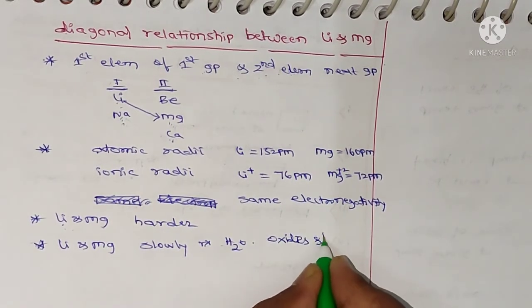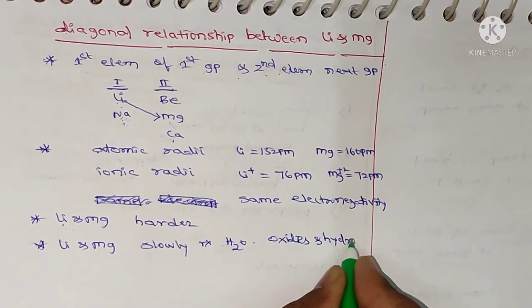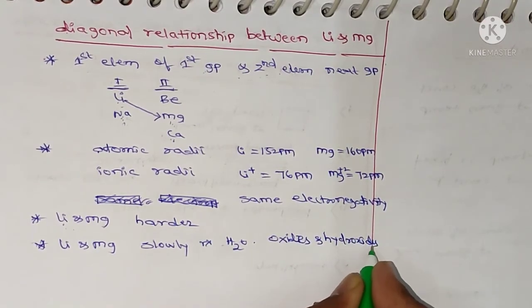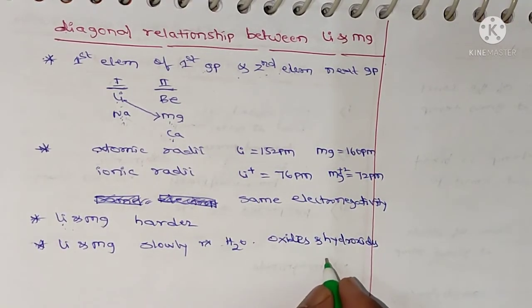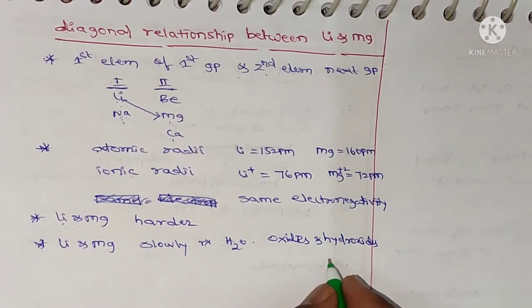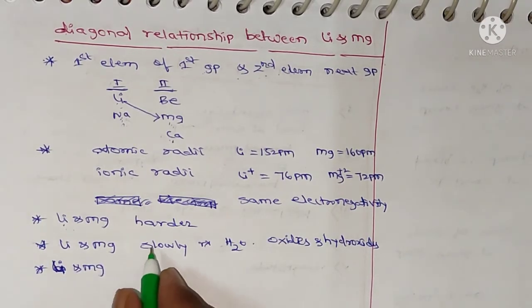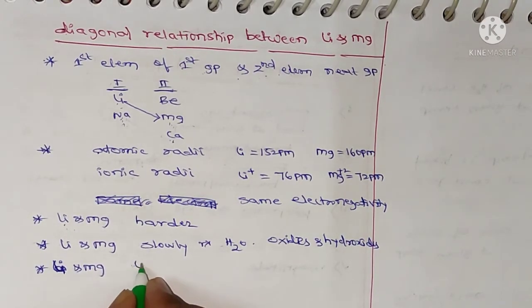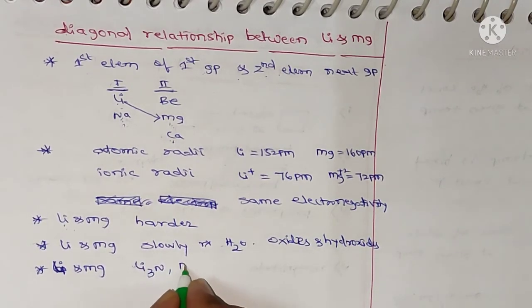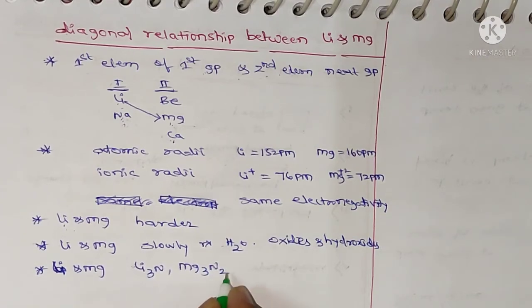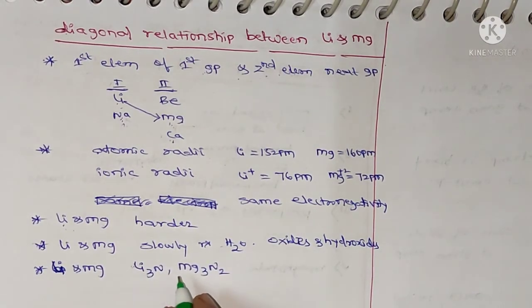And lithium and magnesium both form nitrides. Lithium nitride and magnesium nitride. Remaining metals do not form nitrides.